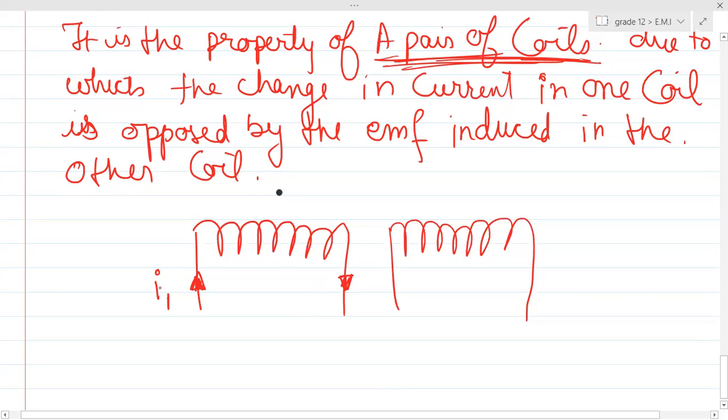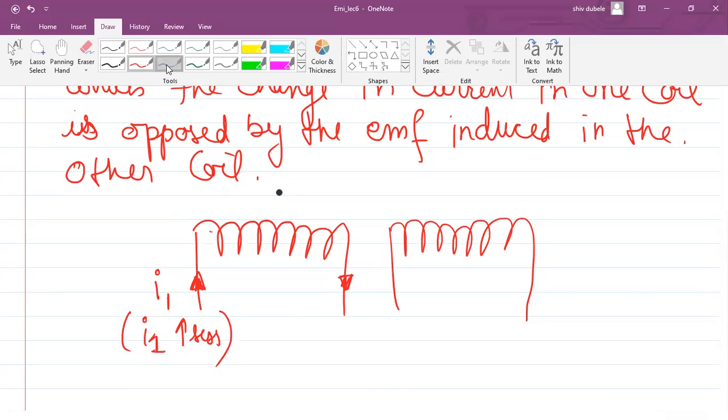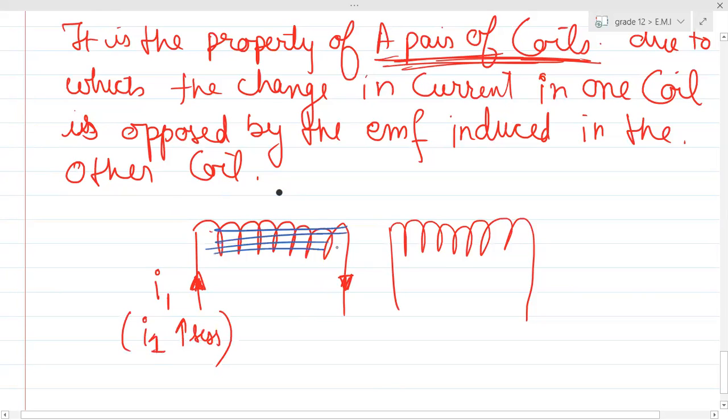The current flowing in the first coil is I1, and let's say I1 increases. If I1 increases, then what will happen? The flux produced by the first coil, will it increase? So whatever will be the flux inside the first coil, will it increase? Yes or no?